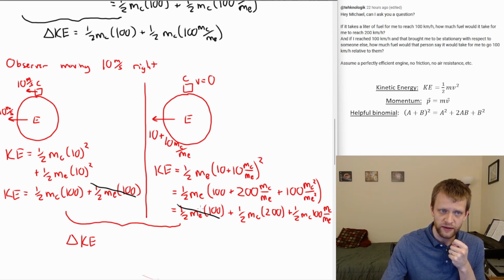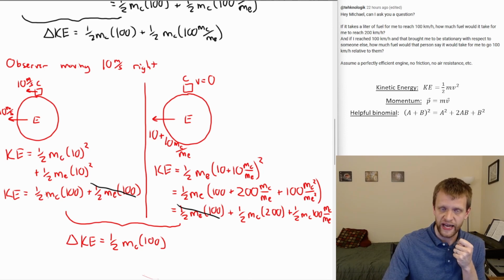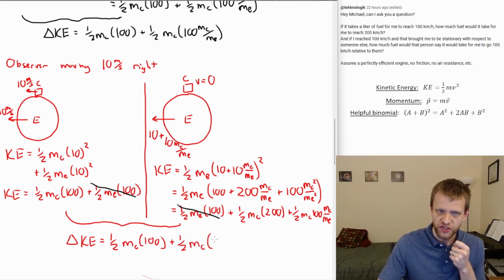If I subtract those, the first term I'm going to get is 1/2 the mass of the car times 100. And then I also get this last term, the 1/2 mass of the car times 100 mass of the car over the mass of the Earth.